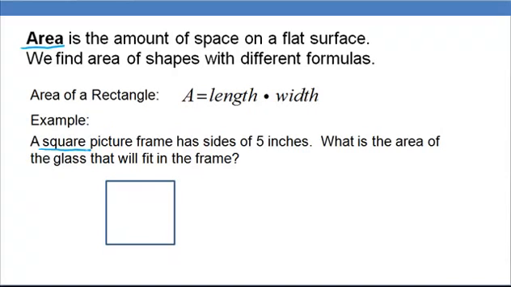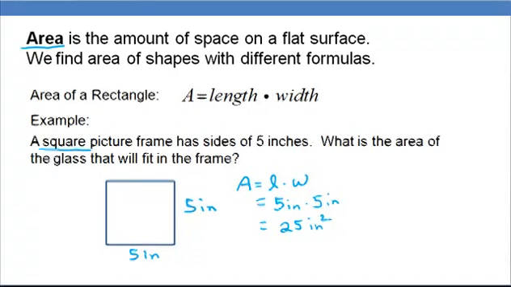So for our square, our width is equal to our length. But you can use the same formula. There's no need to memorize an extra formula. So area is equal to length times width. And we'll just substitute. And we will get 25 square inches.